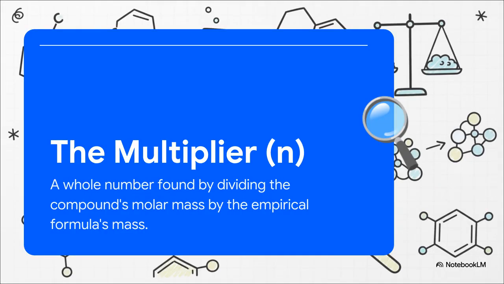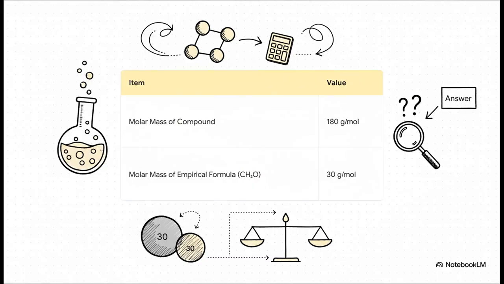And that final piece of evidence is the molar mass of the actual compound, something we'd get from another instrument in the lab. We use that to find this multiplier, which we just call N. And the formula for it couldn't be simpler. You just divide the molar mass of the real compound by the mass of our empirical formula. So for our mystery compound, the lab report comes back and tells us the molar mass is 180 grams per mole.